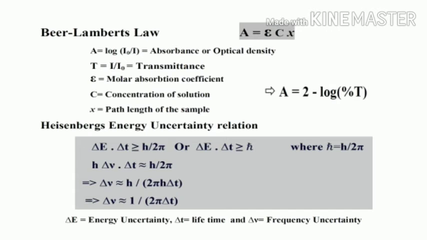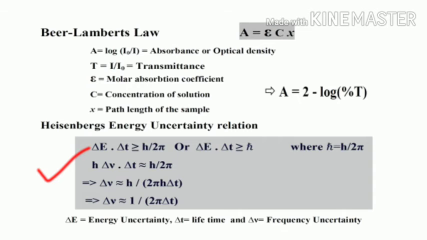Another important relation is the Heisenberg energy uncertainty principle, and it is given by delta E into delta T is greater than or equal to H by 2 pi, where delta E is the uncertainty in the energy and delta T is the uncertainty in the lifetime.